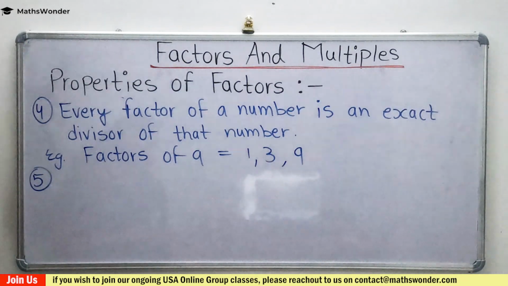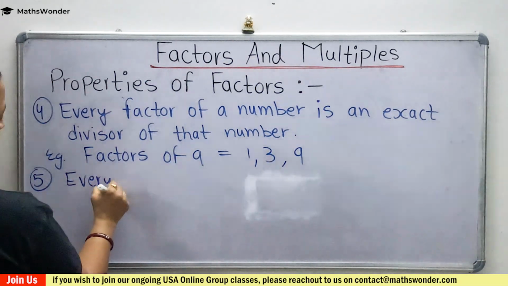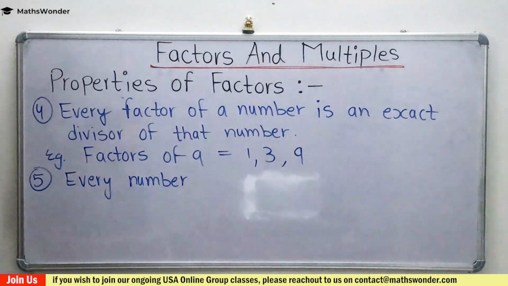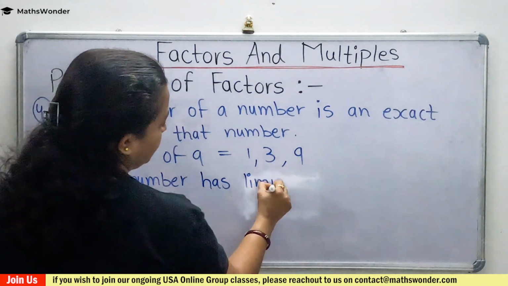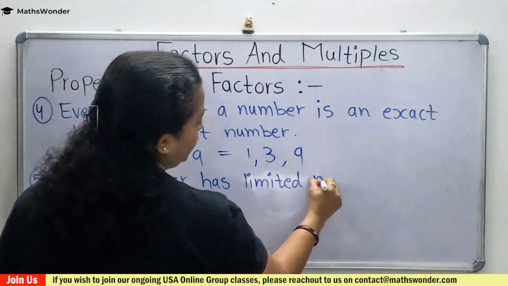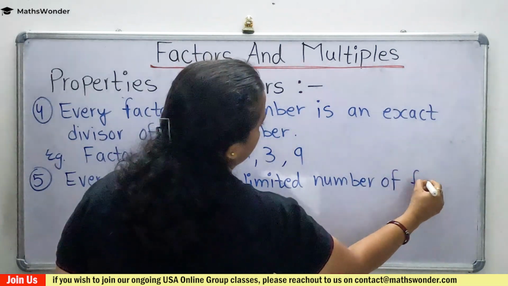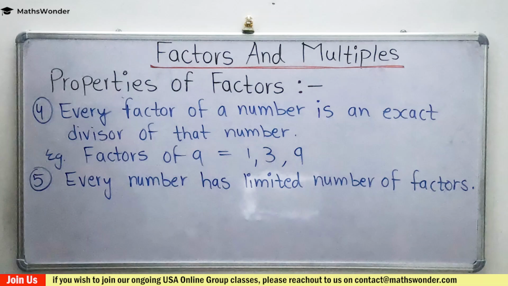Now next is: every number has a limited number of factors. This is important. Every number has a limited number of factors, meaning they are countable.